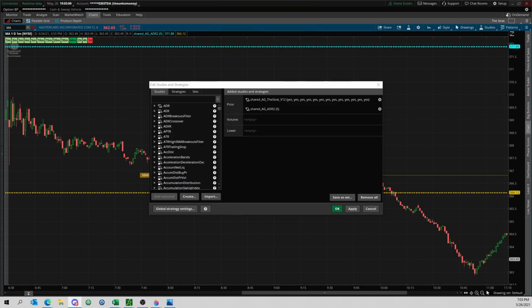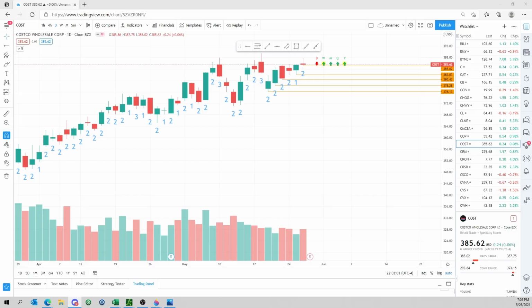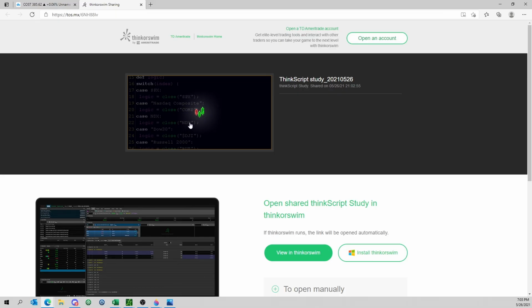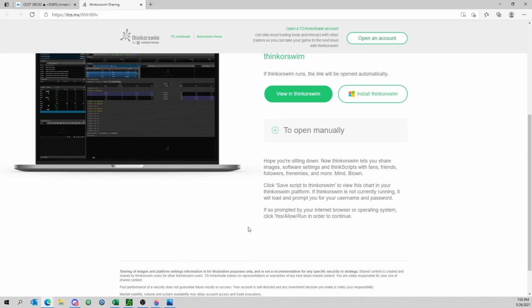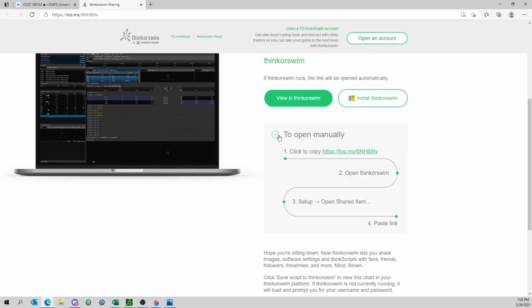That is the script. So what you'll do, you click on that and it'll bring up this screen. I do it manually because it never works automatically. So you click this plus, you click to copy that, that copies it, and then that's when you go.